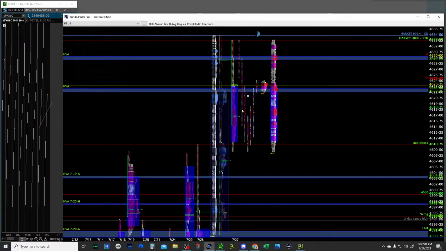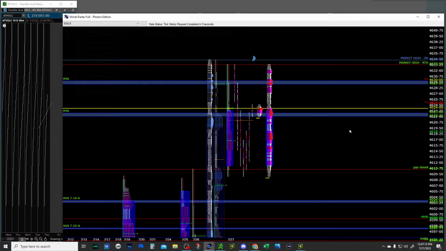This is more than just a counteraction to the overnight inventory that is super long. The odds are high that this is more than that. What plays against that is this high. Now, rotation. We have rotation here. How high is this going to go, and when is the next rotation going to start?